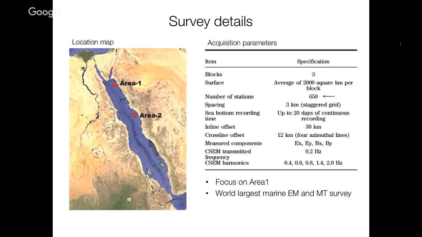They measured EX, EY, BX, BY, so they measured the horizontal components. The transmission frequency of this CSEM was 0.2, but you can get the harmonics.